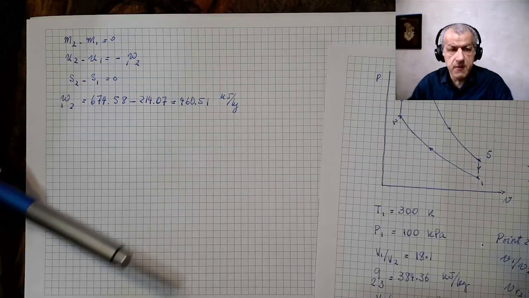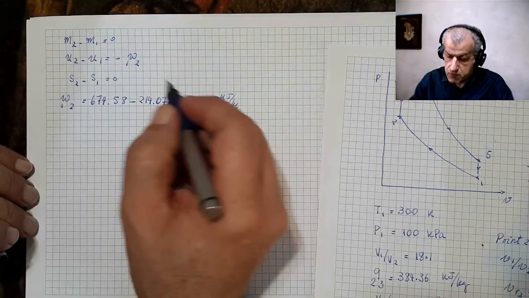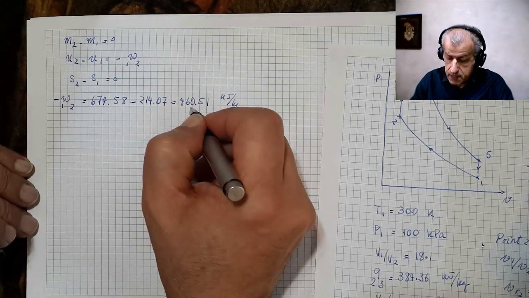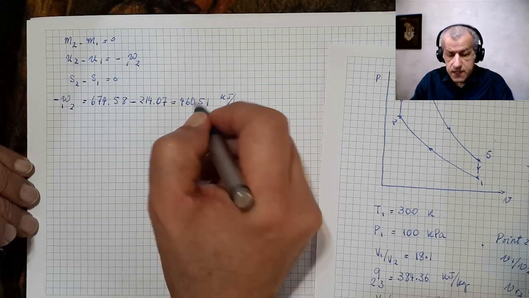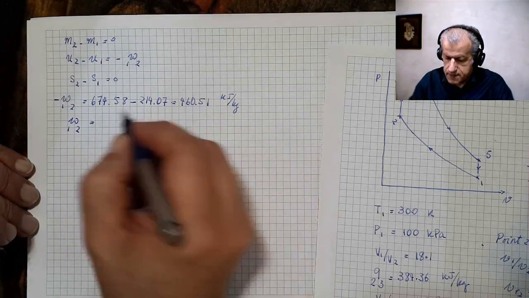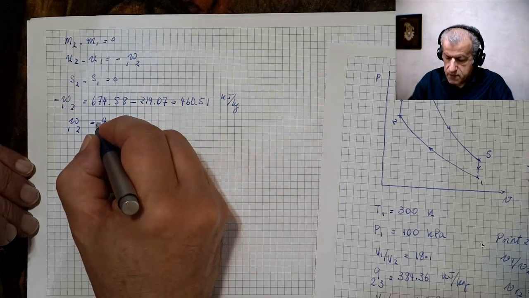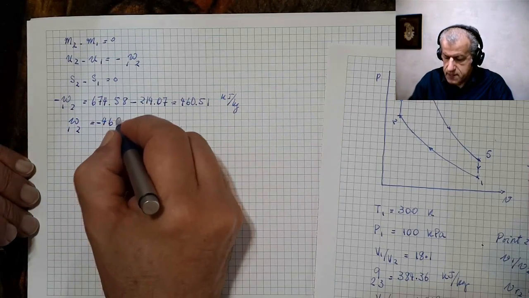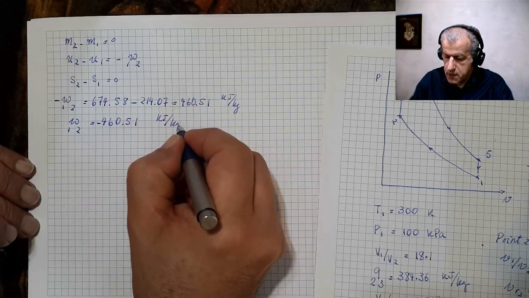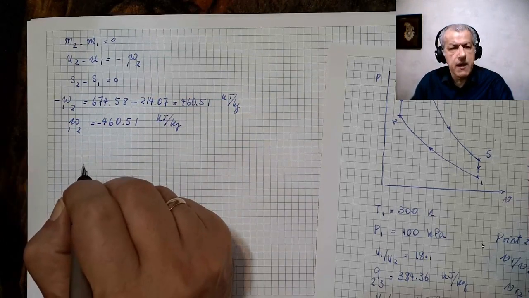And please remember that there should be a negative sign here, since minus W is this work, so W12 is minus 460.51 kilojoules per kilogram of air.